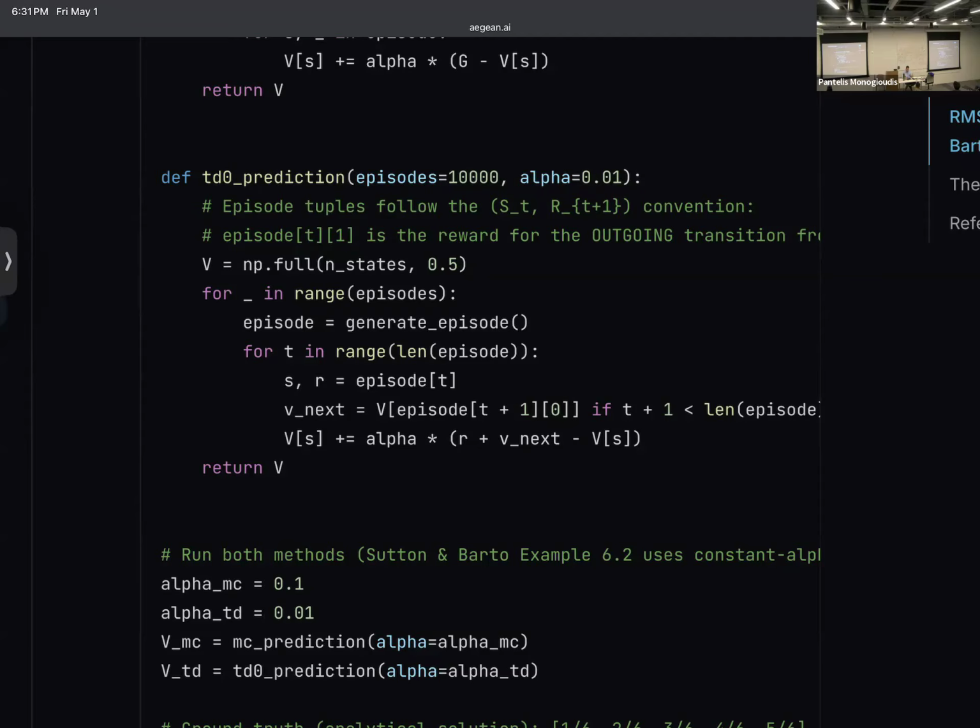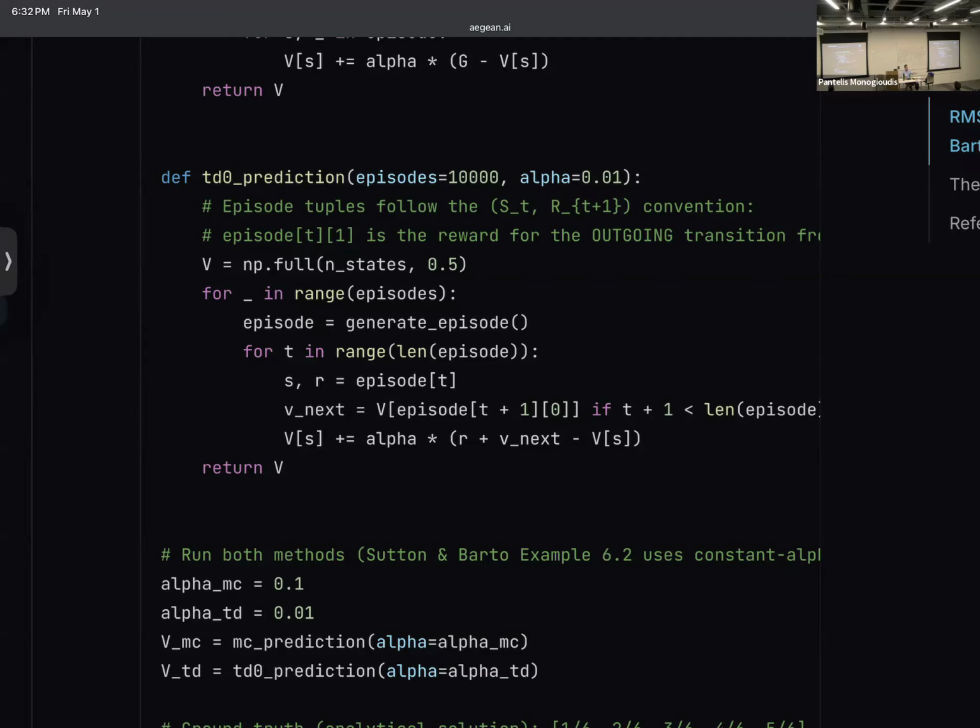You are generating the episodes, right? But look what's happening now with respect to the bootstrapping. Can you spot the bootstrapping line? Where is the bootstrapping line? Is it V next? The bootstrapping value, V of S prime, is the V next, which is the value from the lookup.